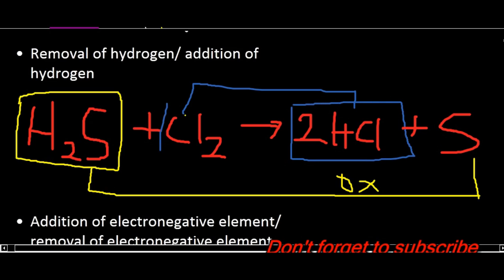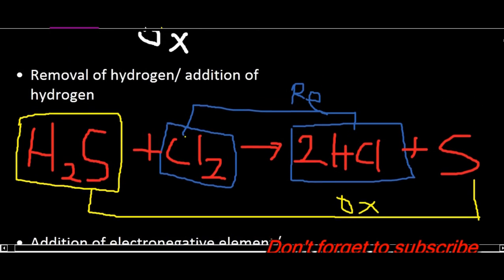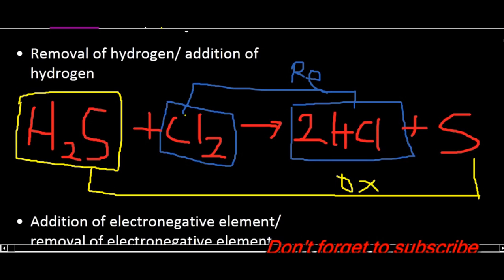This became that. So this is the reduction process of this reaction. So this is reduction. This is how to determine whether an equation is oxidized or reduced in a chemical reaction.